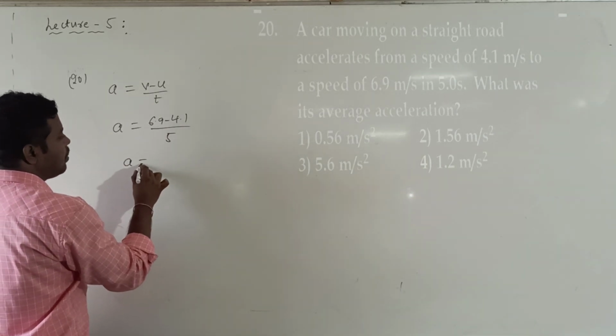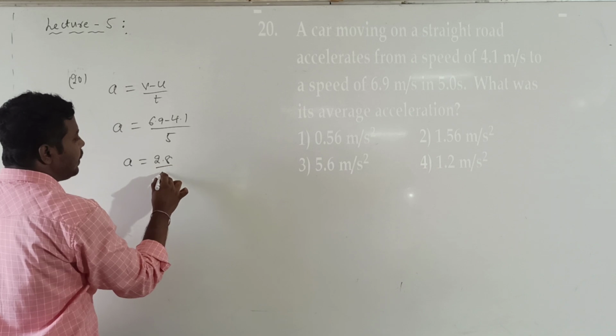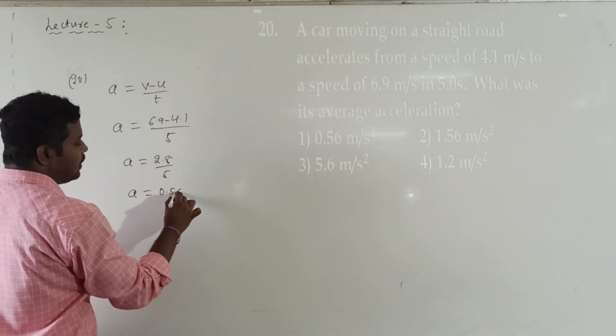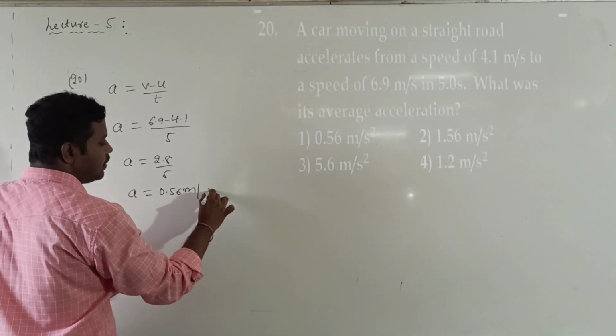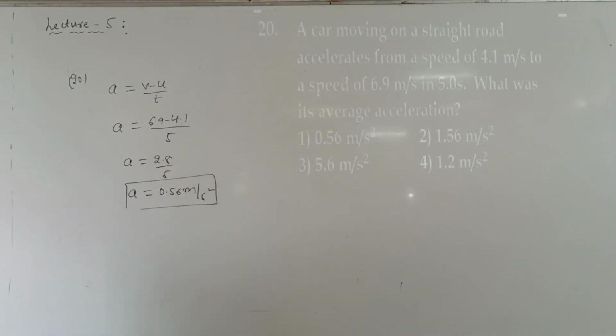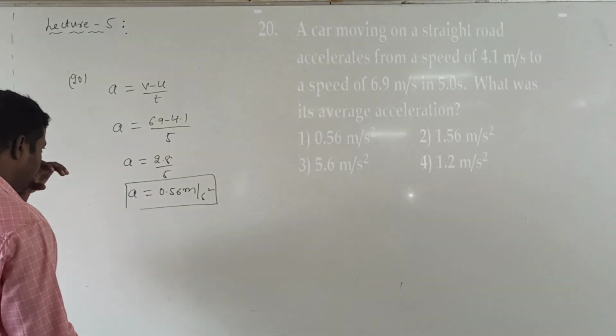Then A is equal to 2.8 divided by 5, which is 0.56 meter per second squared. Final velocity and initial velocity are given, and we are asked to calculate the acceleration value.